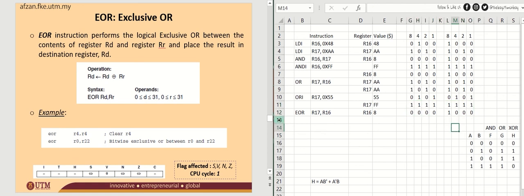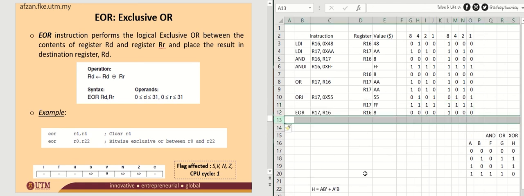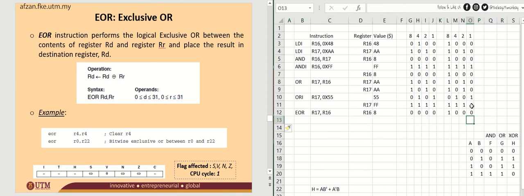By looking at the truth table, compare the input of each bit with this truth table. So 1 0, you get 1. 1 0, 1. What about 1 1? 1 1, you get 0. This is 1 1 1 and 1.